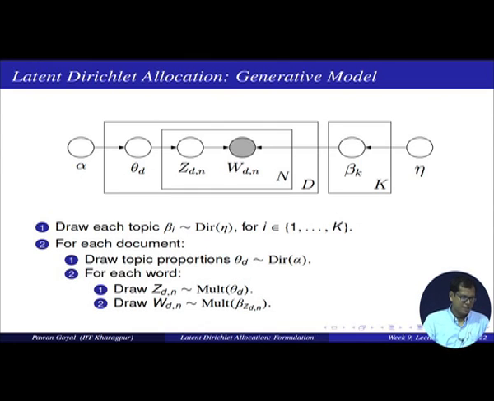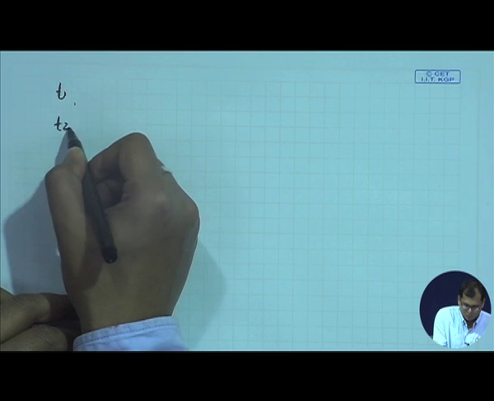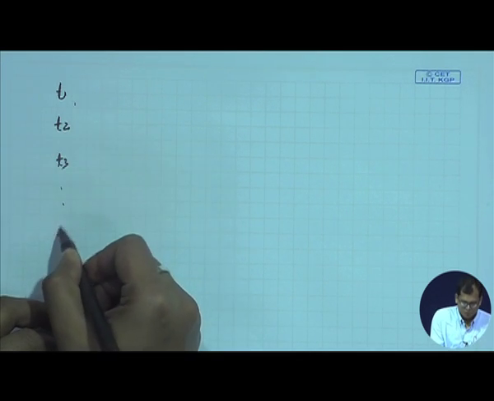Now, let's try to understand this a bit more. Let us go one by one. Draw each topic beta i using the Dirichlet distribution over eta. What I am doing here is, I have K different topics, and I am trying to draw the probability distributions over my vocabulary. So I have K different topics, T1, T2, T3 up to TK.